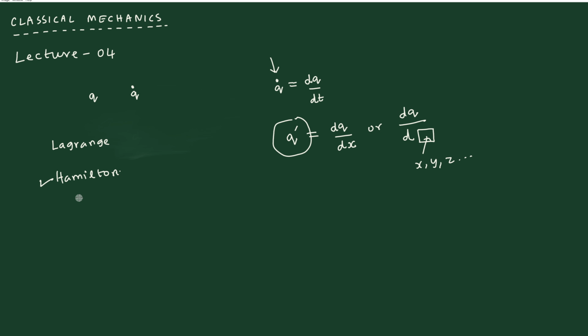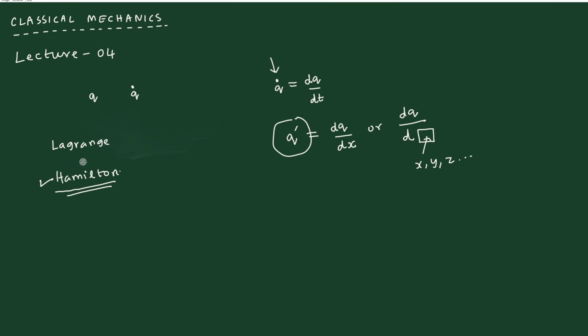The answer is Hamilton's principle. Hamilton's principle is a mathematical principle. So the ultimate answer to the question is that there exists a mathematical principle which works behind the scene, and that is exactly Hamilton's principle.